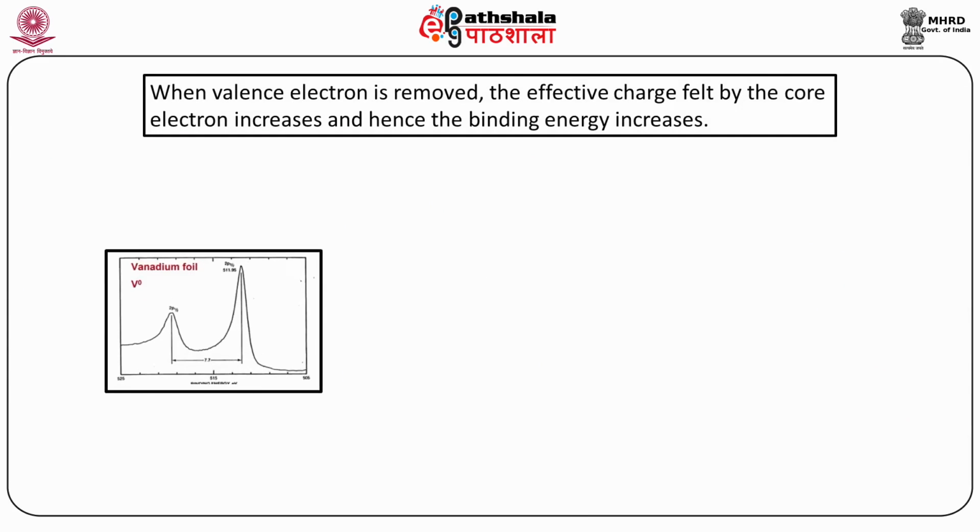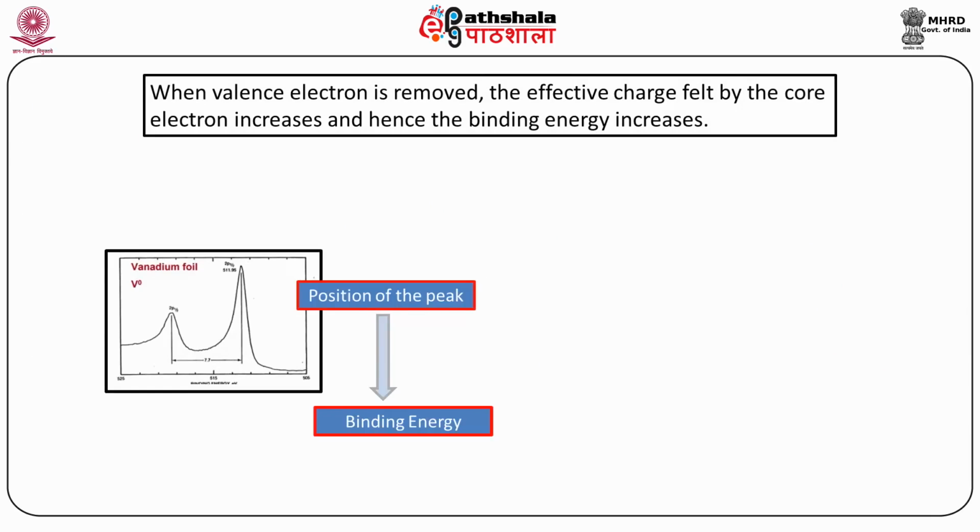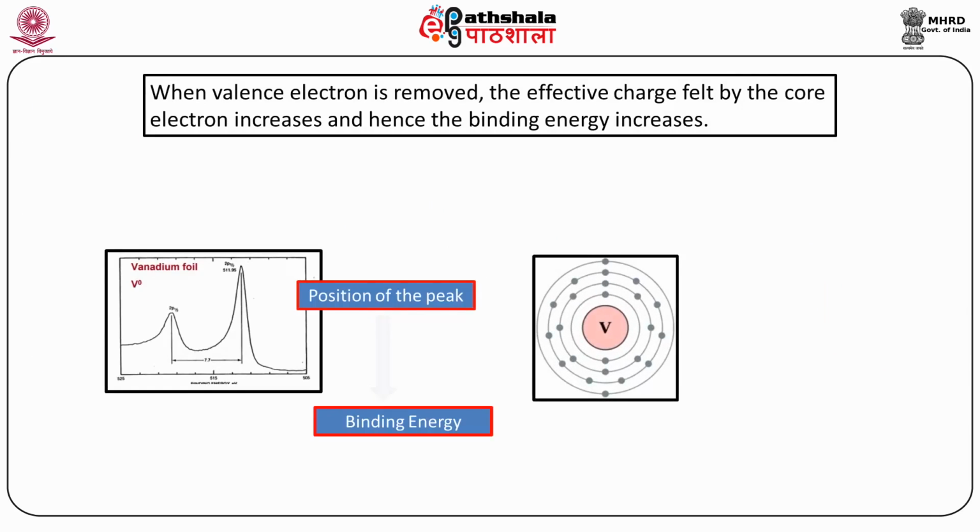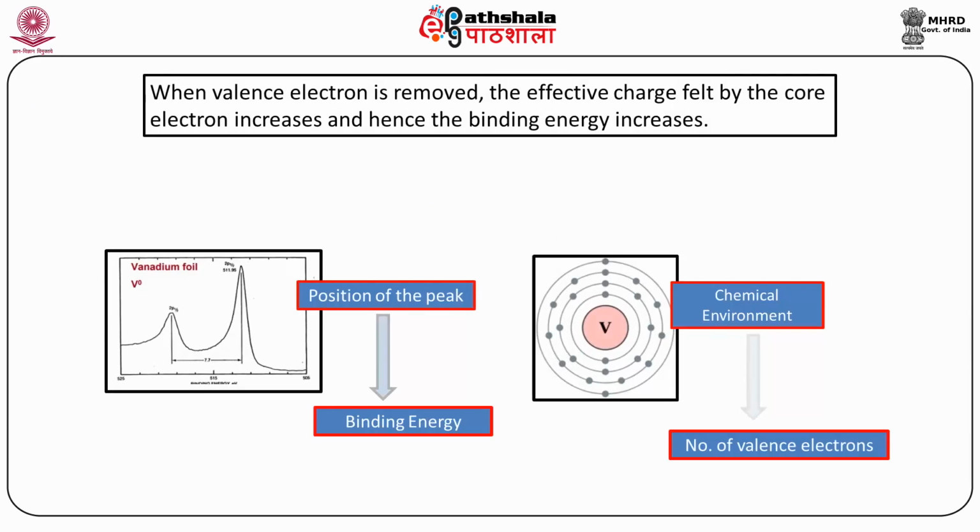When a valence electron is removed, the effective charge felt by the core electron increases, and hence the binding energy also increases. This has been the main crux of the principle used in ESCA spectroscopy.